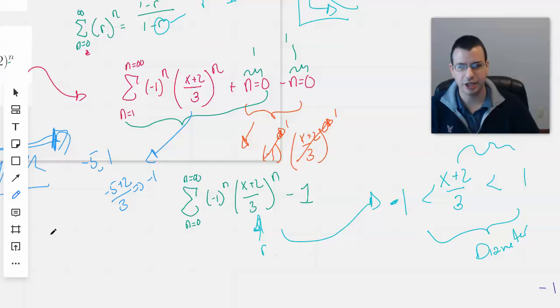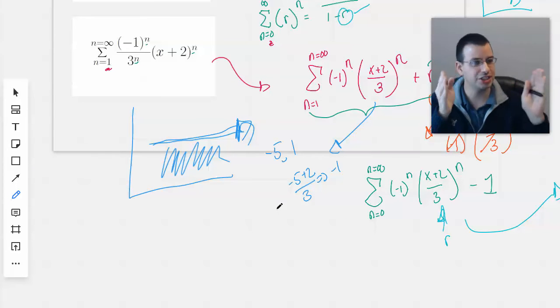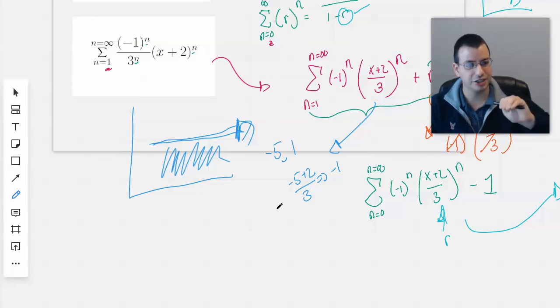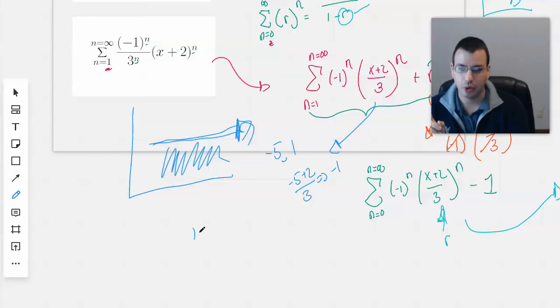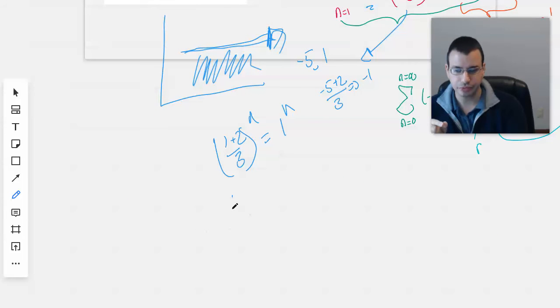Okay, so let's look at 1 then. If we plug in 1, I'm testing the endpoints to see if this should be less than or equal to, or just less than. So we have 1 plus 2 over 3 to the n, which is 1 to the n. But then we also have the alternating part. So we would still have the boxes for the Riemann sums.